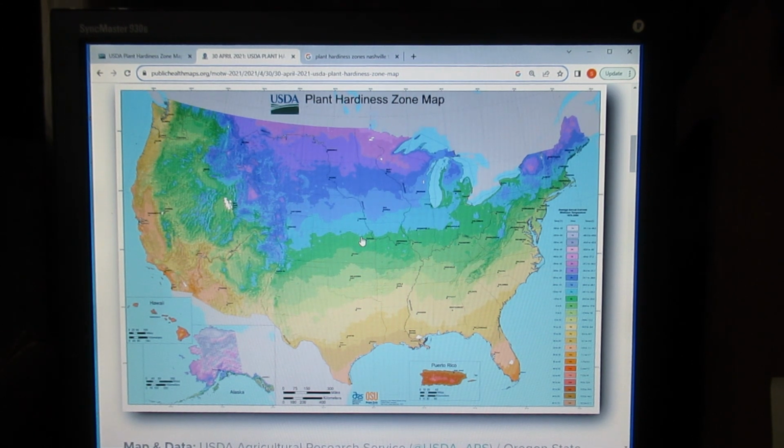Then look around your landscape and see if you have an area that matches what it likes and plant it there. It's called microclimates. What you can grow in your backyard, you may not grow in your front yard. What you grow on the south side of your house, you may not be able to grow on the north side or the east side or the west side.